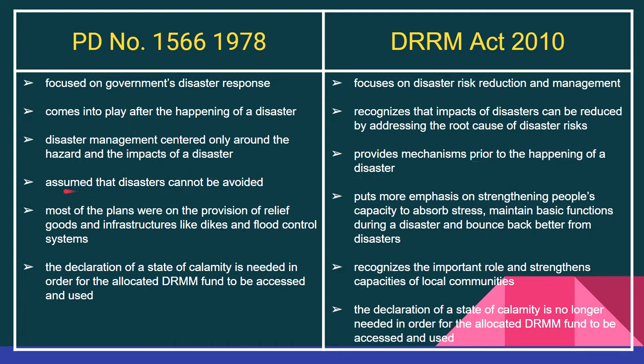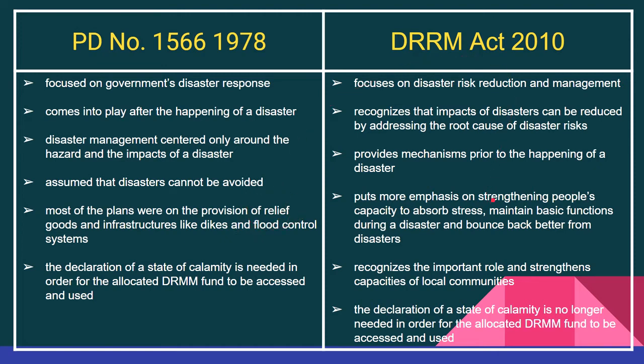PD 1566 assumes that disasters cannot be avoided, but the modern act says that we can actually avoid disasters through adaptation and mitigation procedures. And here, in PD 1566, most of the plans were the provision of relief. How do we help the people after they encounter the disaster?